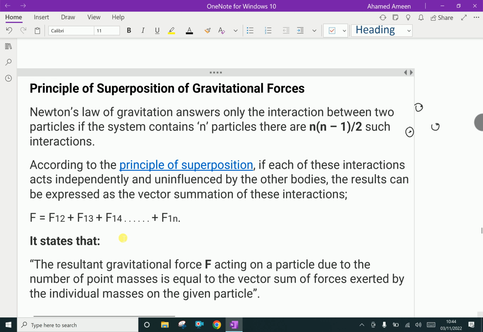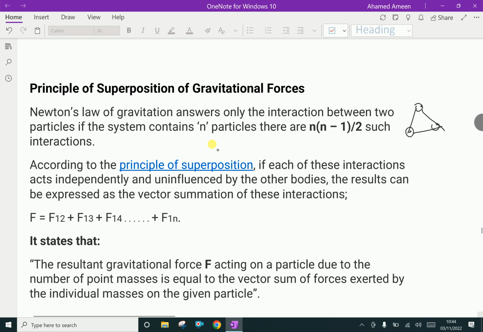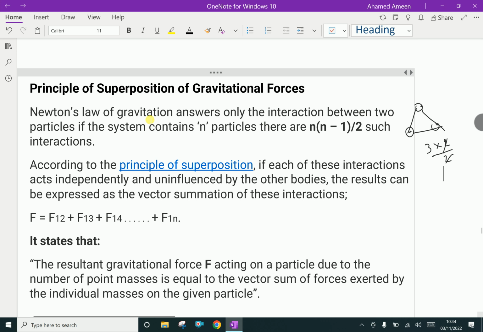Three masses means how many interactions are there? n is 3, n minus 1 is 2, divided by 2, equal to totally 3 interactions. Like that we can find the number of interactions of such particles by using n into n minus 1 by 2.